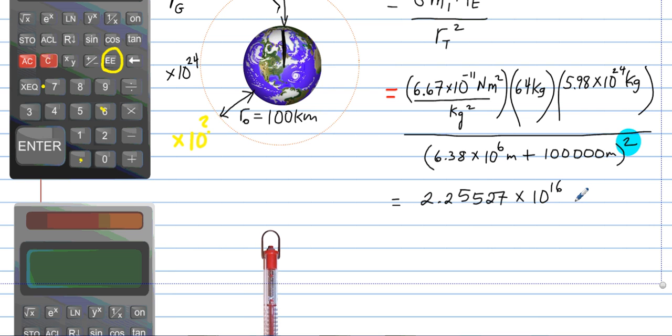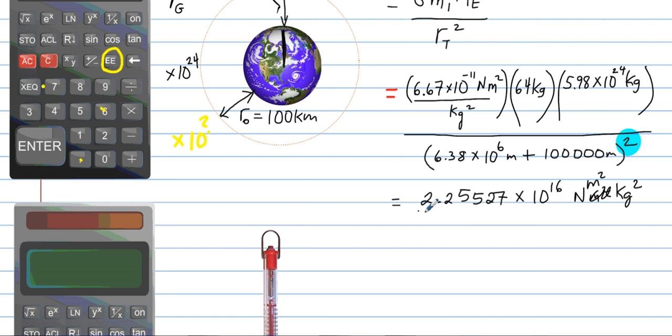The units are Newton meters squared, kilograms squared, divided by kilograms squared.